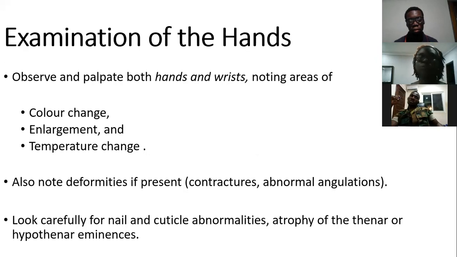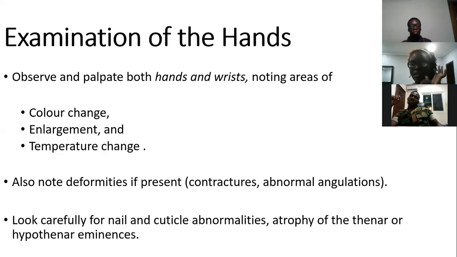So now we'll do the detailed examination of the various parts of the musculoskeletal system. So on the hands, you want to look at the hand, you want to look at the wrist, note if there's any color change, any enlargement, any temperature change, any deformities like contractures or abnormal angulation. And then look at the nail and then also the cuticle.